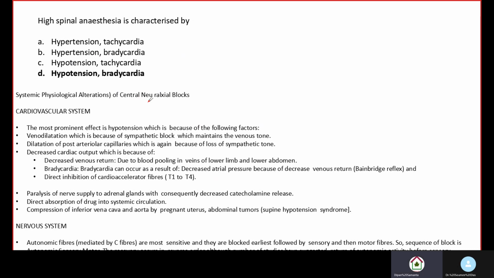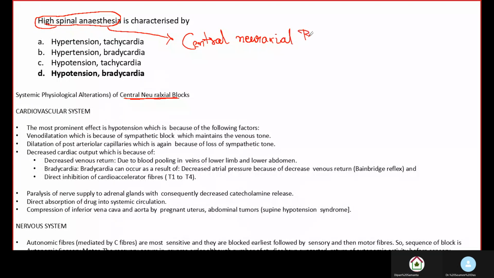It causes central neuraxial block. That's why there will be hypotension.